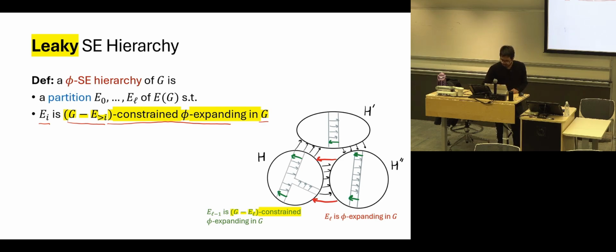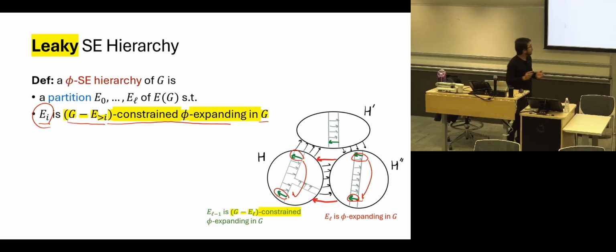Meaning that given any demand between the same components, given any demand within E_i in the same component, you can route it. You might route outside the component, but it has low congestion.